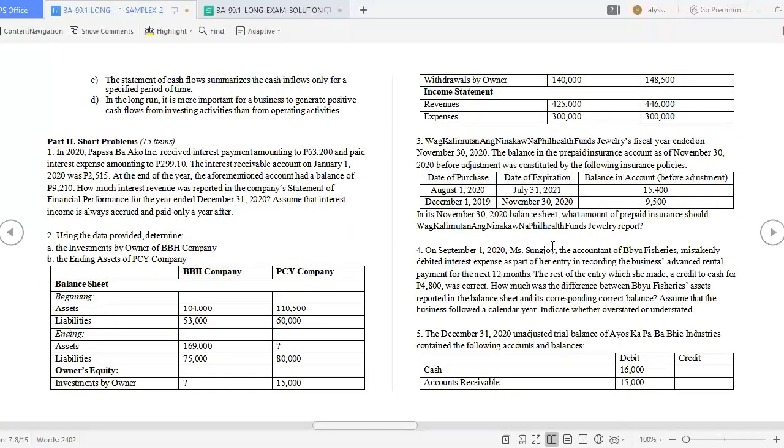So the first one, from August to November, for the months of August, September, October, November, that's 4 months.